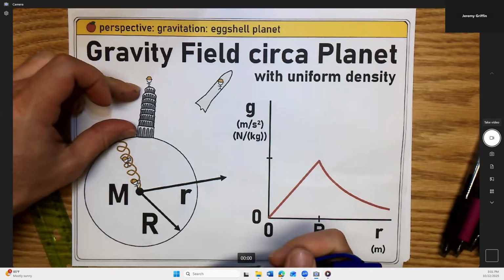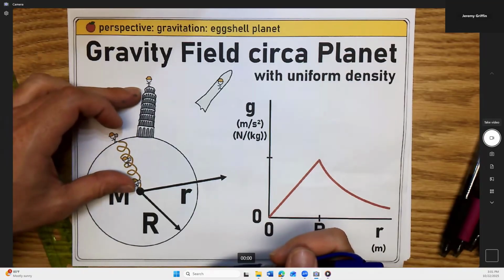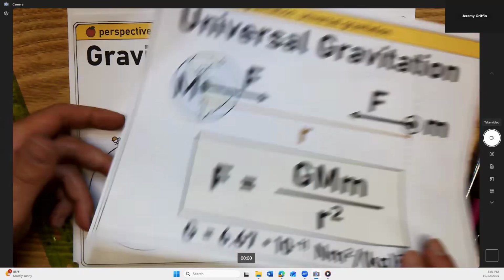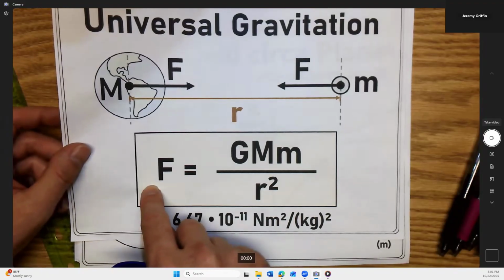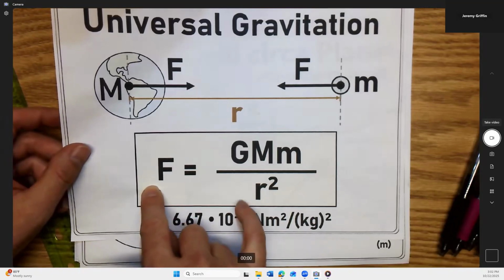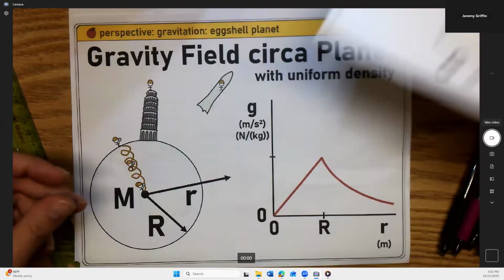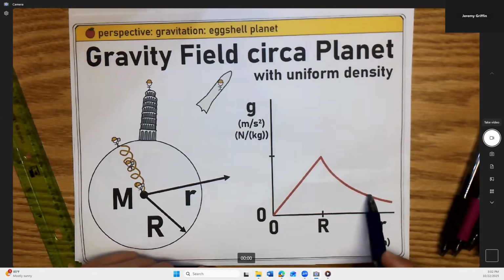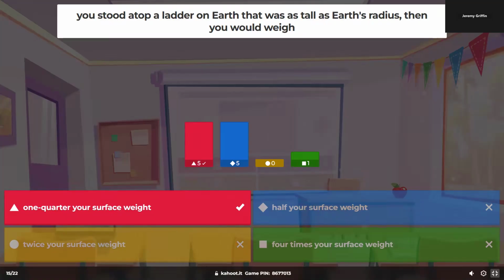Hasn't this guy effectively doubled his distance from the surface? So whatever he weighs at the surface, what happens to the overall force if you double this distance? What's 2 squared? 4. So it's 1/4. And that aligns with this point right here: double the radius, you're at 1/4 of the gravity field. So 1/4 weight. Yeah, we've got that.